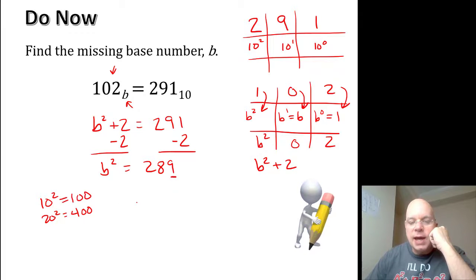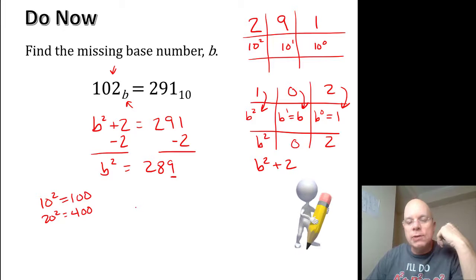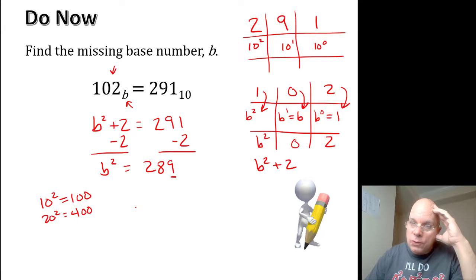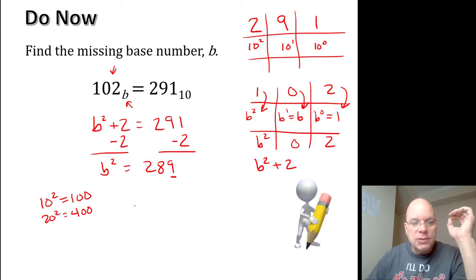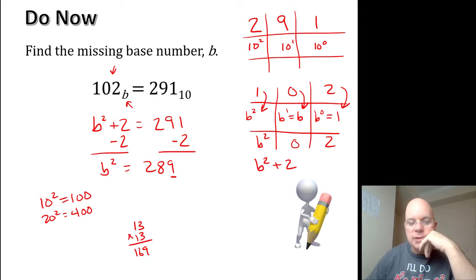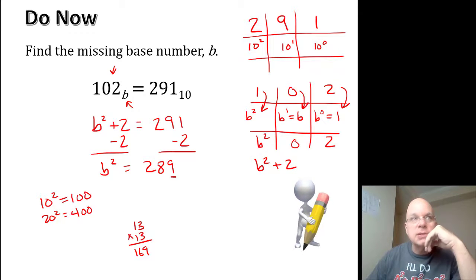If it ends in a 9, you think of what digit, when it's squared, would result in a units digit of 9. I mean, 1 squared is 1, 2 squared is 4, 3 squared is 9, so maybe it's 13. So maybe you try 13 times 13, but then you find out that that's 169, so it's not 13. But it could be a number ending in a 3, but it's not in this case.